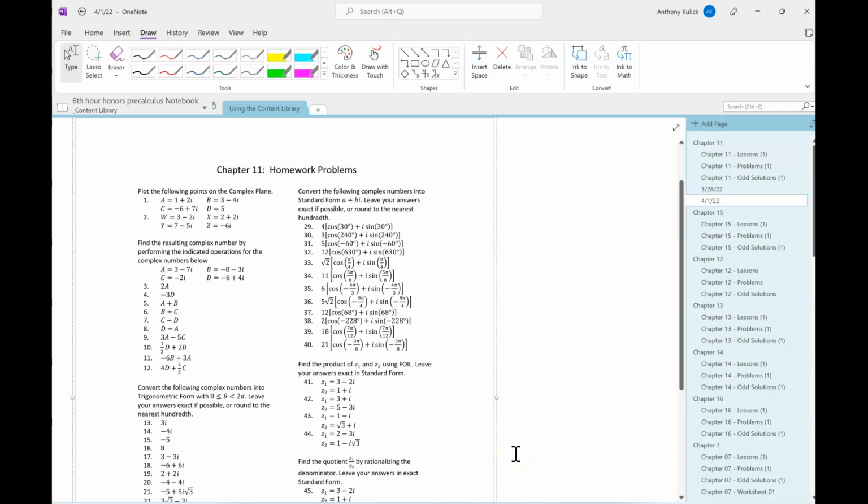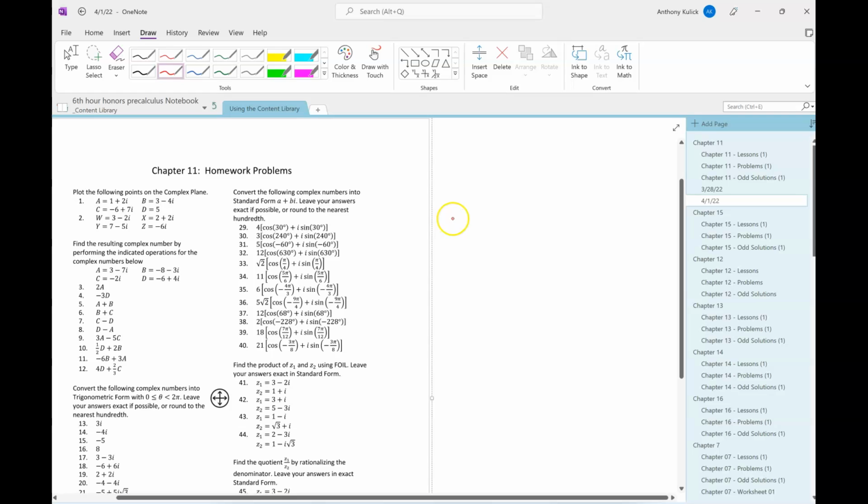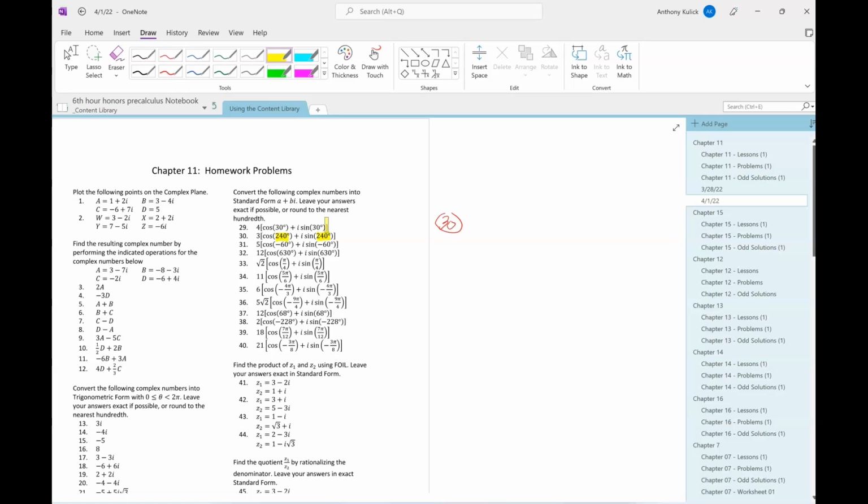So the directions here ask us to convert this into standard form and leave the answer exact if possible. I observe that 240 degrees is a unit circle value, so I can give this as an exact answer.